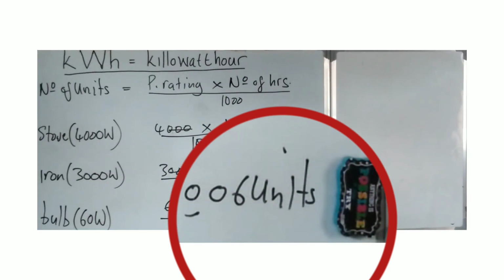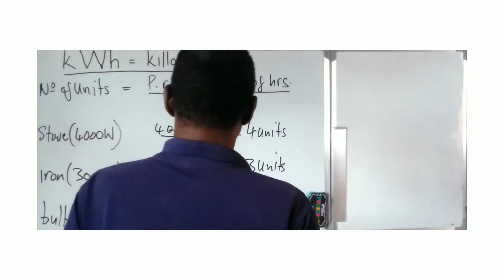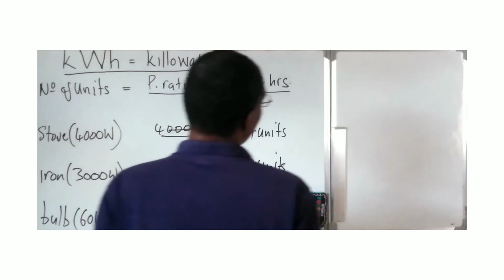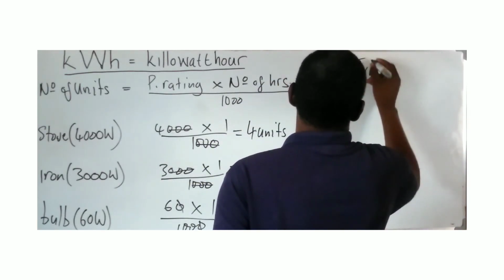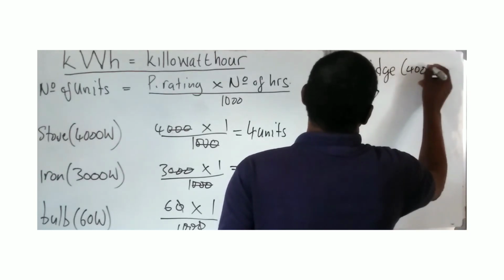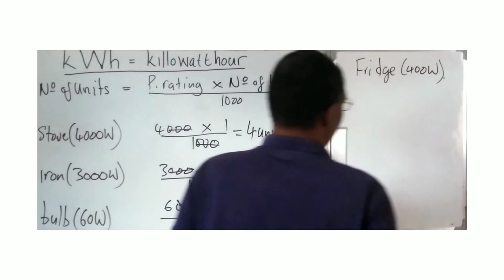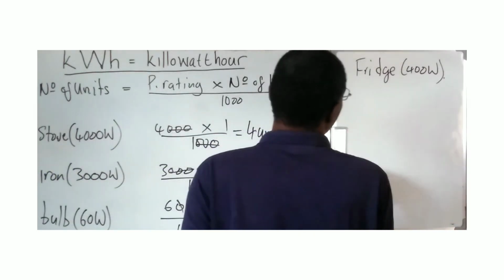Okay, let's take a fridge as our last example. A fridge, I would estimate that it's at about, what do we say? About 400 watts. 400 watts, that electric motor pumping with gas up and down shouldn't be that big.